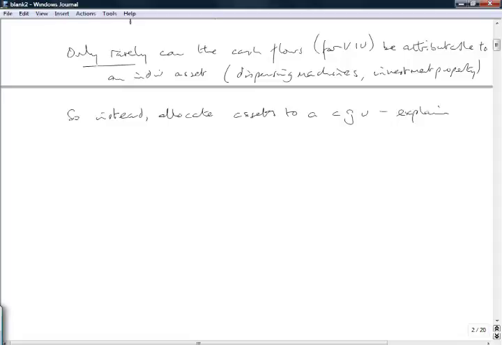So that's what an impairment review is. Some assets must be reviewed annually by directors. Clearly the obvious one is goodwill.